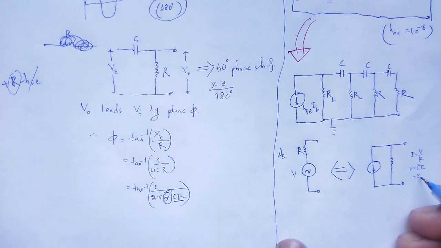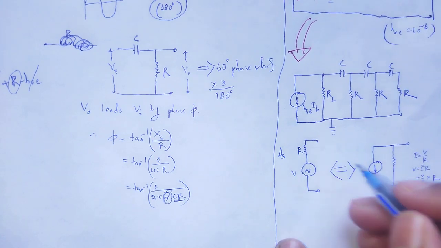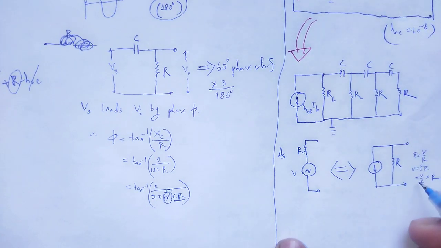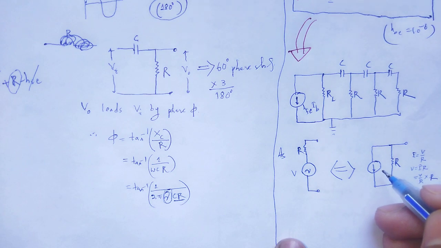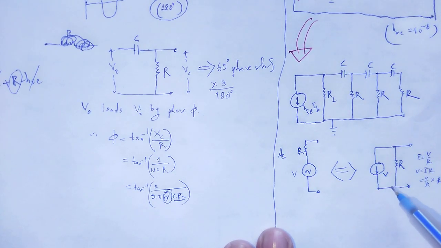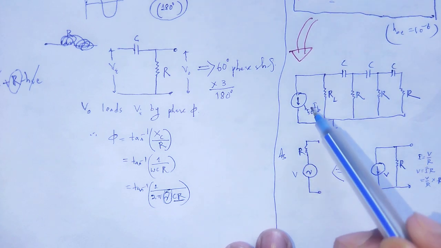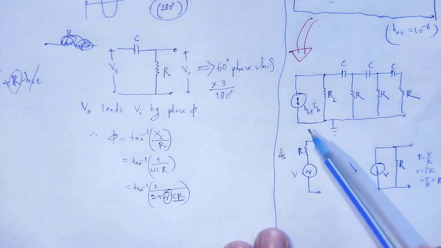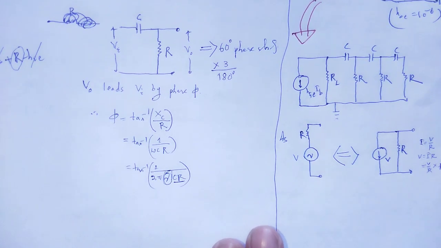The potential here is V. By taking that concept, the current source now changes to a voltage source.